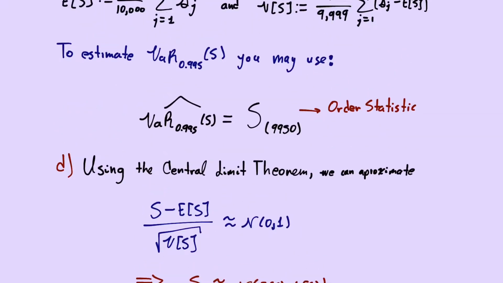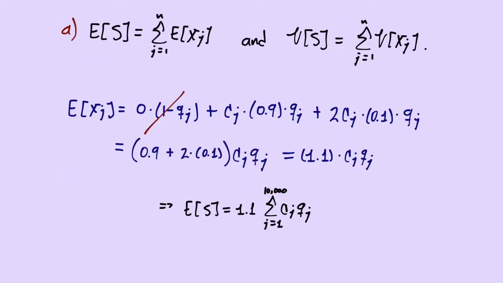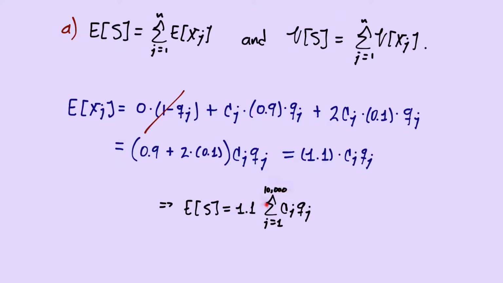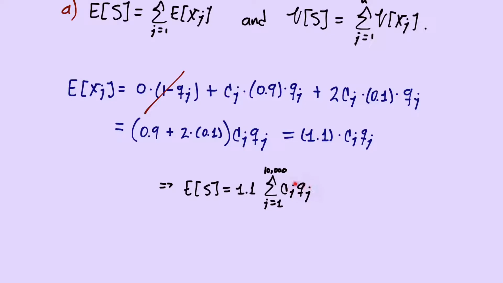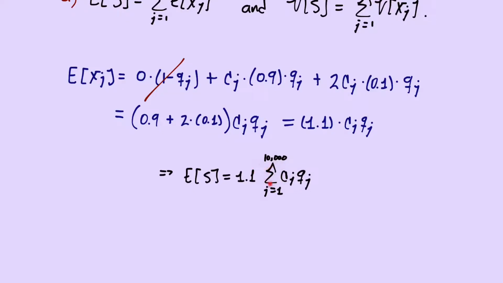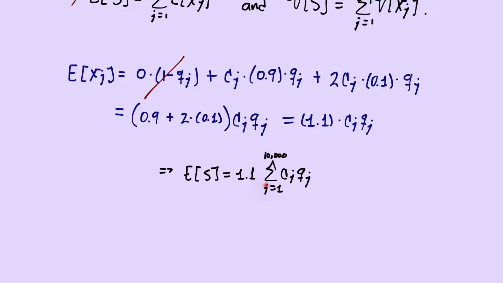And then this would be like the theoretical answer for item A, but since the professor has uploaded the file with the specific values of cj and qj, you will have to evaluate this theoretical formula with the specific values of the file. So then you will get a numerical answer, and a specific numerical answer. Of course, there is a sum with 10,000 terms, so you will have to use a computer to calculate this, of course.